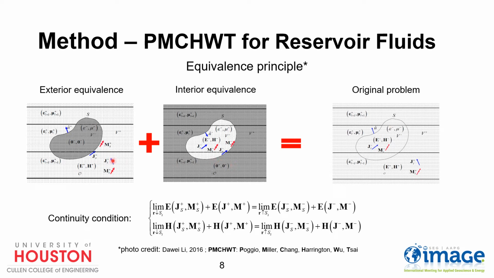So if we put them together, we can get the original problem. Here we have to satisfy the continuity condition. That is, the E and H fields should be continuous across the boundary. So we have this continuity equation.